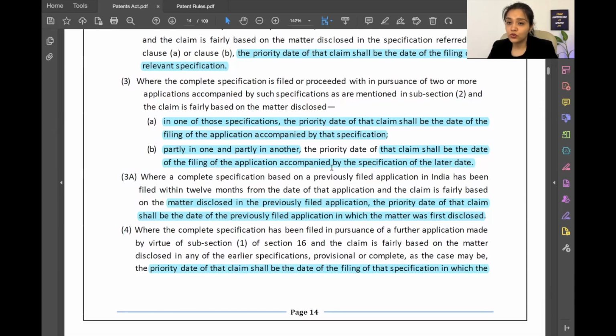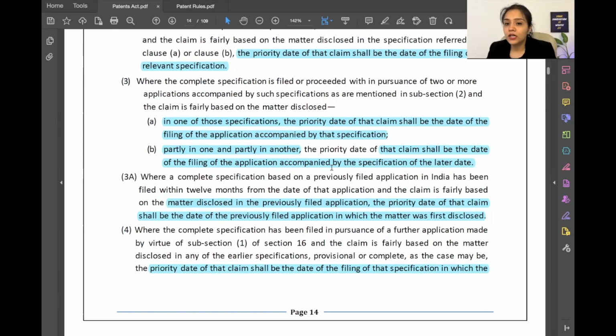Now there may be a situation where you have drafted the claim which was partly disclosed in the application which was filed on 1st April 2023, and partly it is disclosed in the matter which was filed on 1st May 2023. So now partly it is disclosed in one application, partly in the second application.